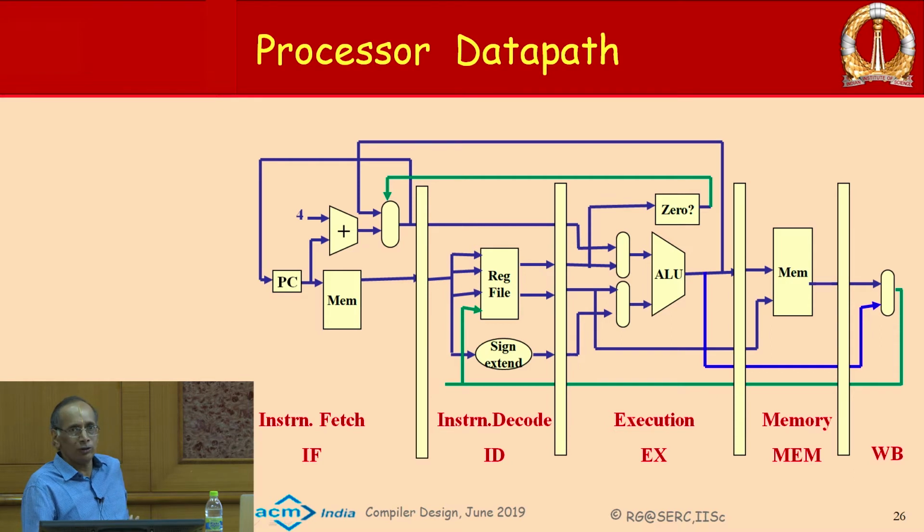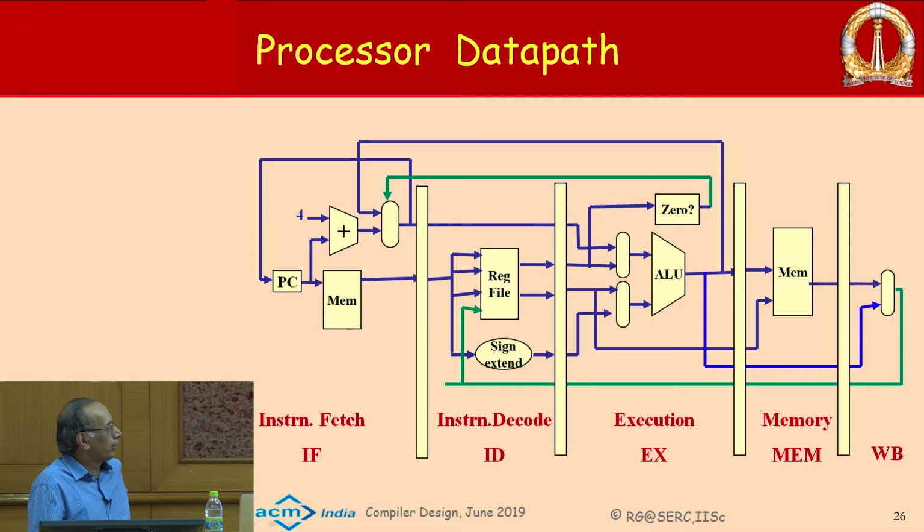Actually the control unit takes that and then figures out what needs to be done in each one of these stages. Remember, everywhere you could see this kind of multiplexers, correct. You need to know whether you should take this operand or this operand, right. That depends on whether it is an R instruction or an I instruction, right. You need to know whether you need to perform an add or subtract or multiply or whatever. That depends on your opcode, correct.